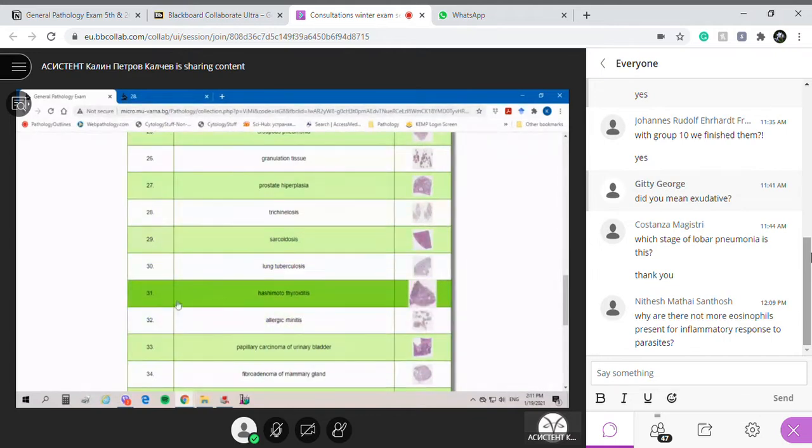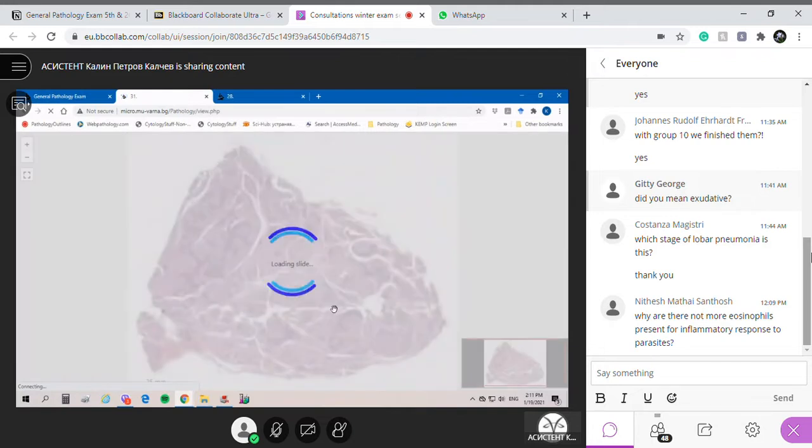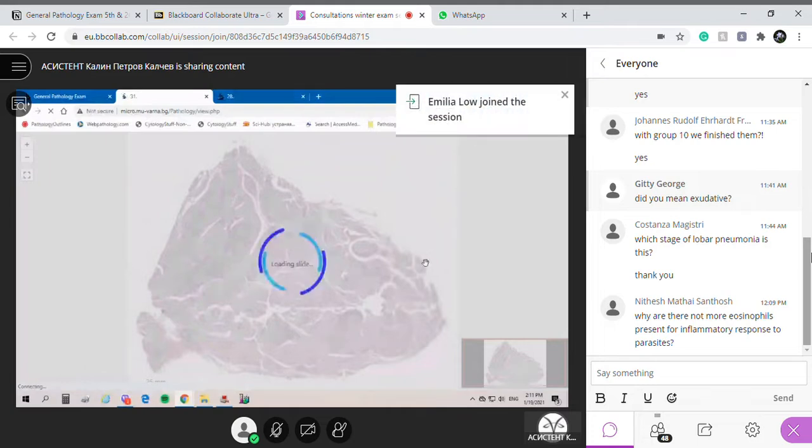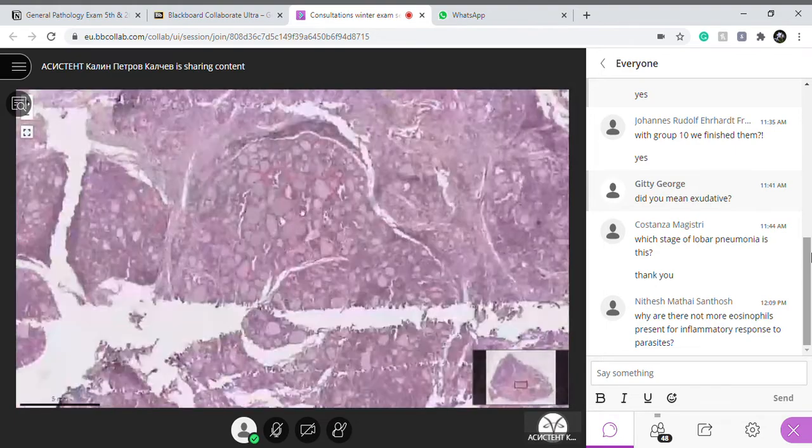Here in slide number 31, we have so-called Hashimoto's thyroiditis. As it is thyroiditis, we must see a thyroid gland here. And here we can see this structure of the thyroid. Okay, we have a lot of these thyroid follicles.